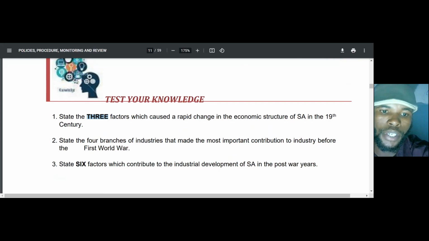Two: state the four branches of industries that made the most important contribution to industry before the First World War. Number three: state six factors which contributed to the industrial development of South Africa in the post-war years. That means after the war.